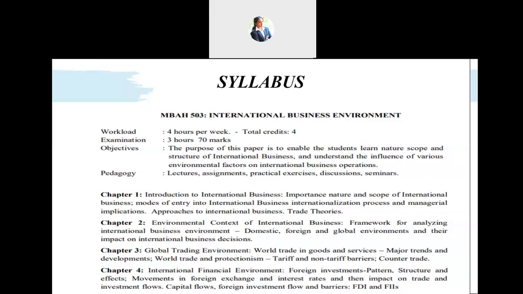Now the fourth chapter, here we would be discussing FDI and FII. FDI is foreign direct investment, and FII is foreign institutional investment.